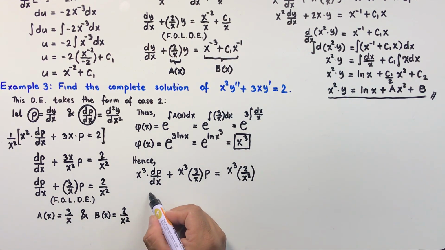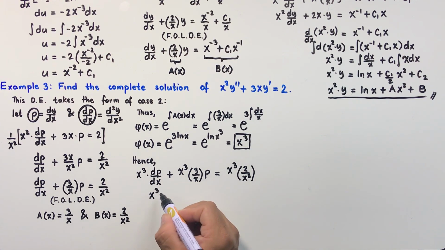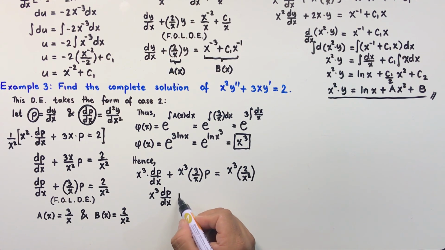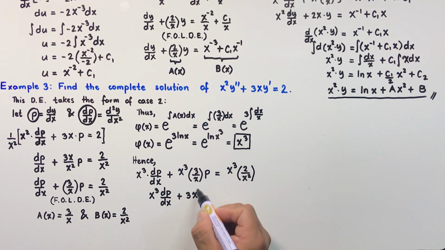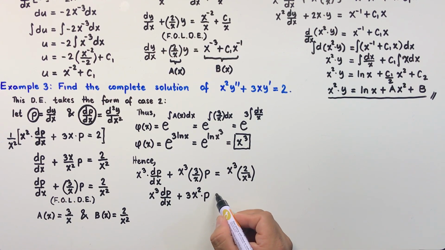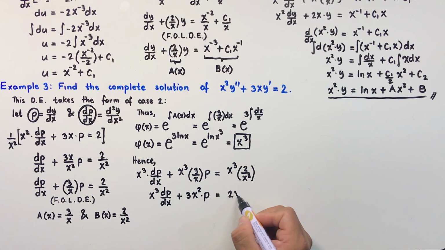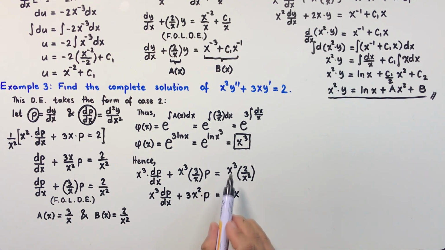Rewriting our equation, we have x cubed times dp/dx plus 3x squared p, which is equal to 2x, because x cubed divided by x squared is x.